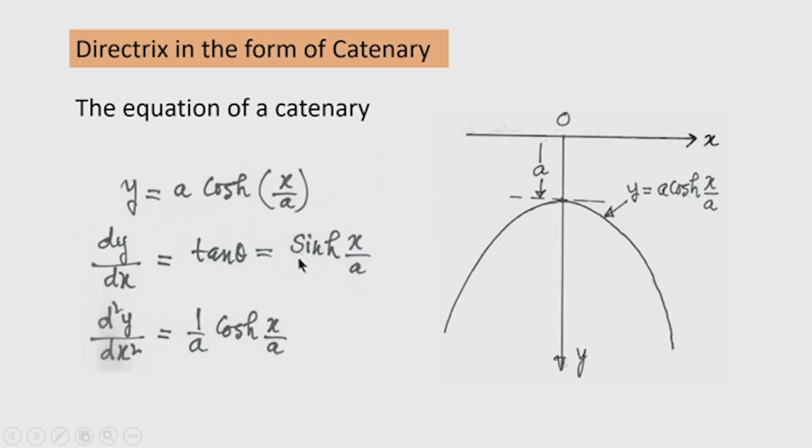So, the term remains only sin hyperbolic x by a. The second derivative is calculated and it is equal to 1 by a cos hyperbolic x by a. So, two derivatives are found.